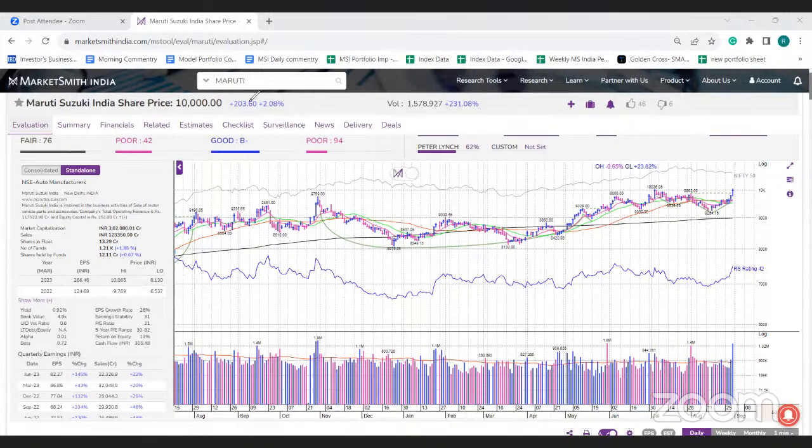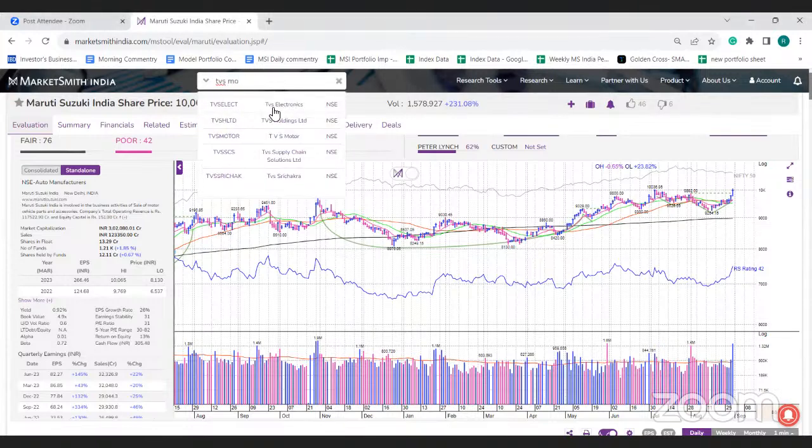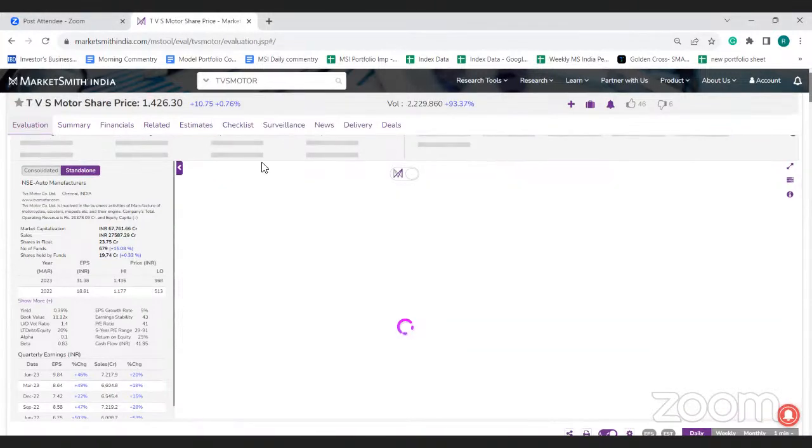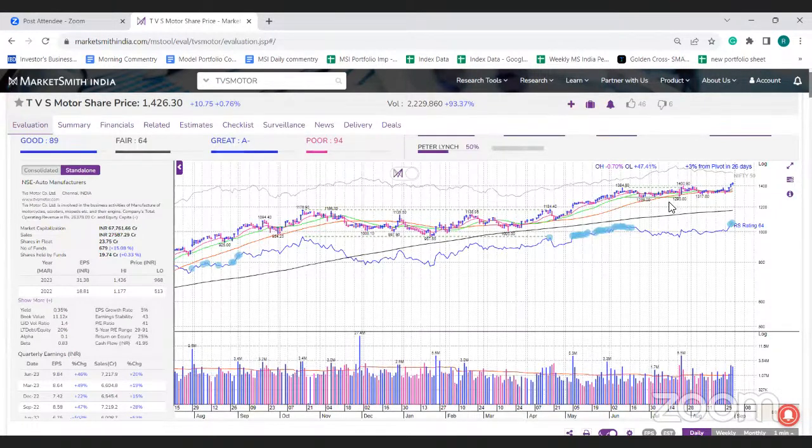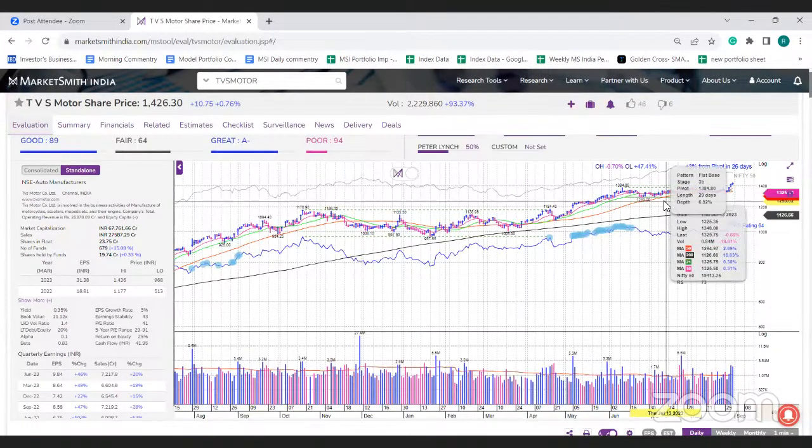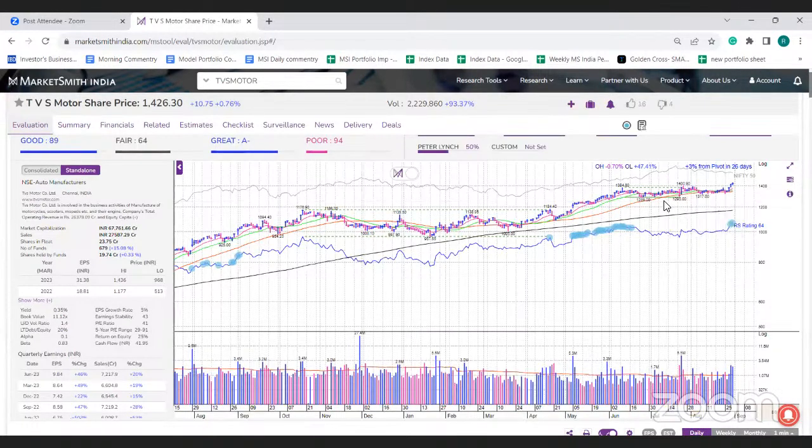I'll take TVS Motors as well, another auto stock. Technically, both are looking similar on the chart, especially. Currently, it is also trading near the pivot of a recent breakout, that is a stage 3 flat base.